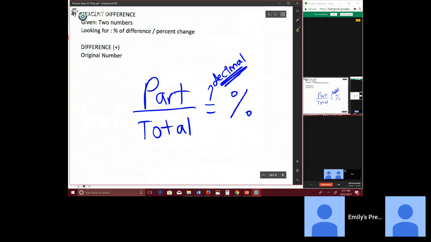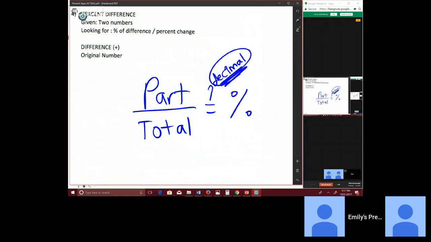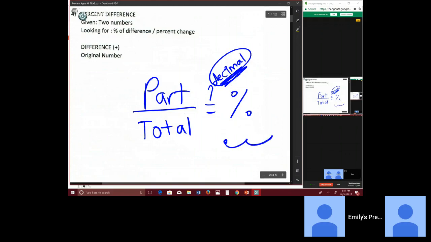I do a class that talks about those conversions, although I will clarify the couple of details that you need to know about that to succeed in this class. So anytime that you take a part and divide that by a total, what you get is a decimal. The decimal can then be changed to a percent by moving the decimal point 2 places to the right.